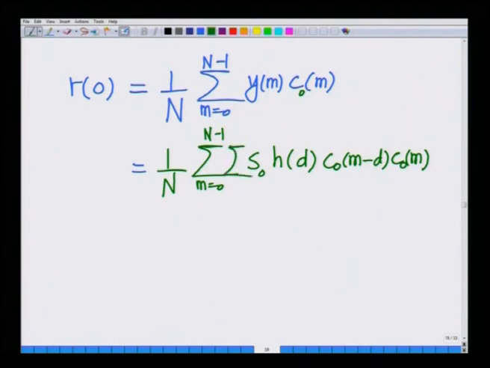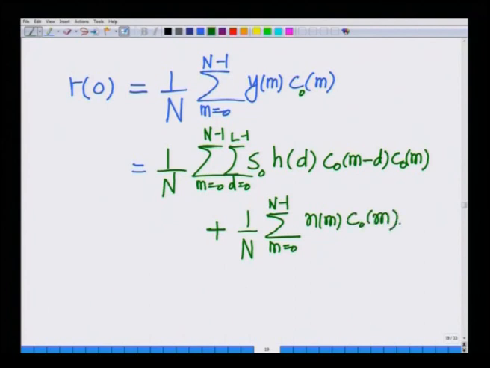Now, there is an additional summation over the path d, that is d equals 0 to L minus 1, plus 1 over n summation m equals 0 to n minus 1 n of m, that is noise correlated with the code corresponding to user 0. So, I have divided this again into signal part and noise part. The signal component is S 0 h d C 0 m minus d times C 0 m, plus the noise part is N m C 0 m summation m equals 0 to n minus 1 divided by n.